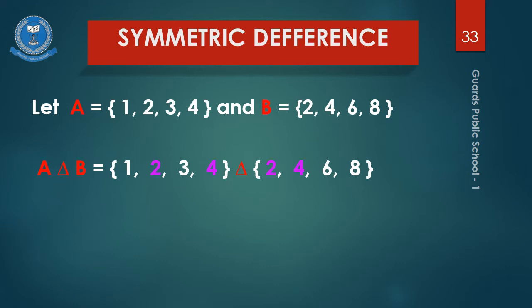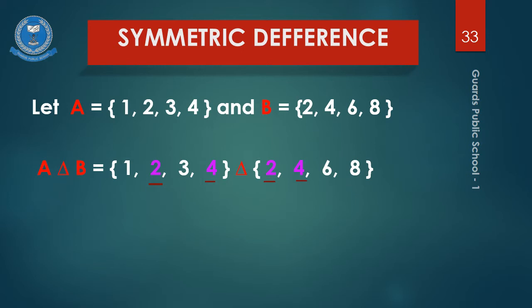First tell me what are the common members. Yes, 2 and 4 are the common members. And for writing symmetric difference, we do not write common members.